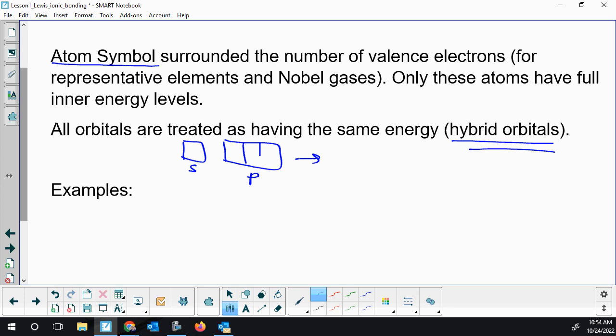But we find out that some things happen when electrons are shared. The orbitals get mixed, okay? And Lewis symbols treat all those orbitals as put together in equal energy. So 4 equal orbitals, okay? 1 S and 3 P's are all mixed.